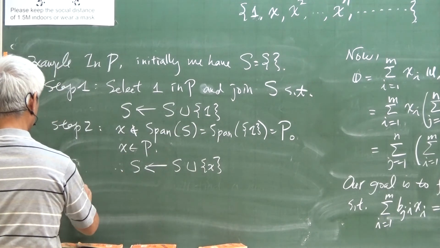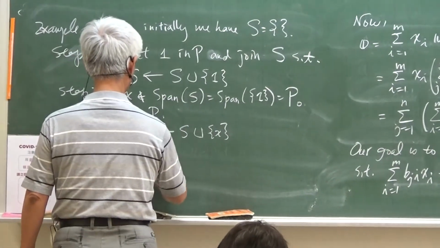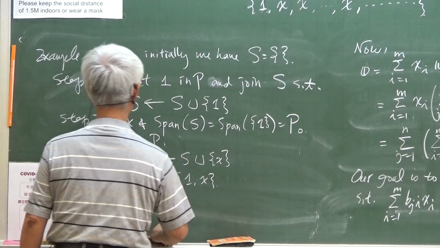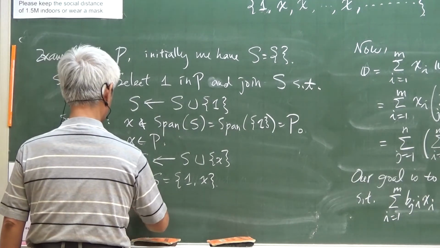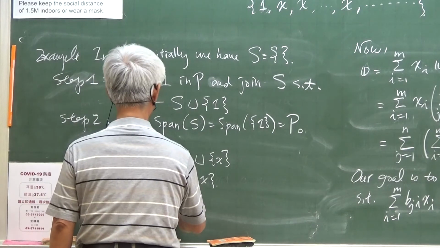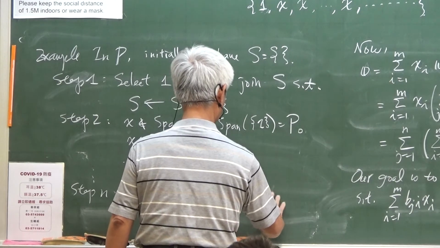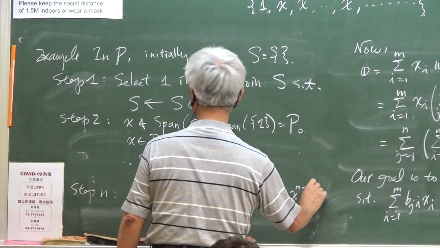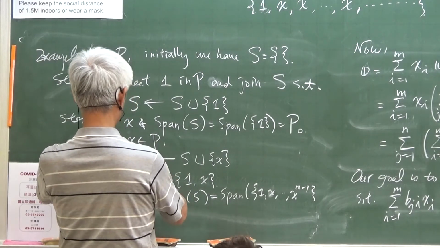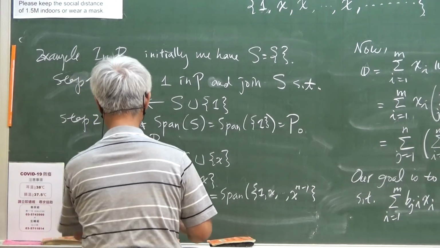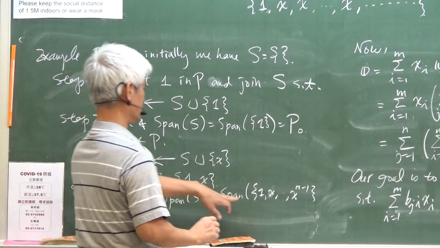And we continue to step n. Here S is equal to 1 and x, and so you do that in step n plus 1, where x^n is not in the span of 1, x, up to x^(n-1).